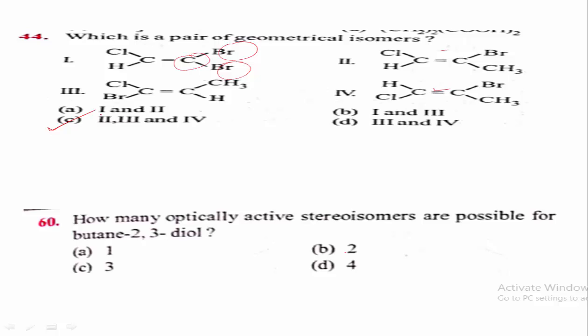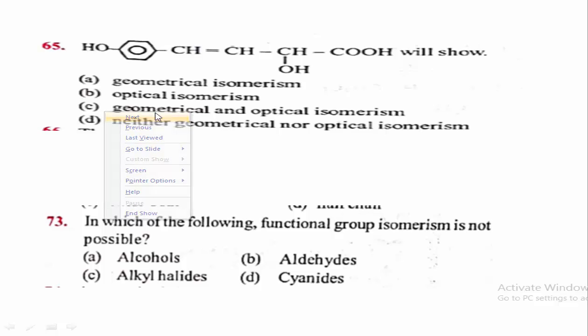Students, next question number 60. How many optically active stereoisomers are possible for butane 2,3-diol? Students, first I write the structure of butane 2,3-diol here.